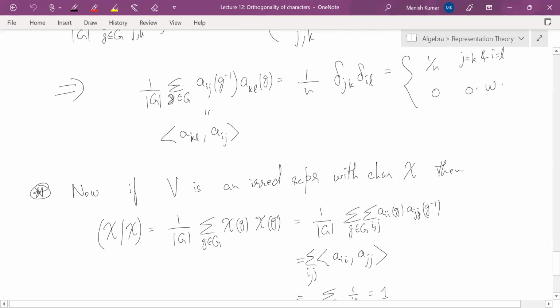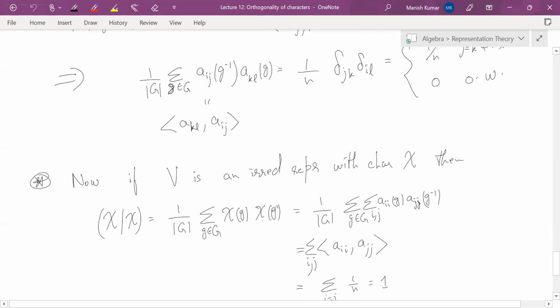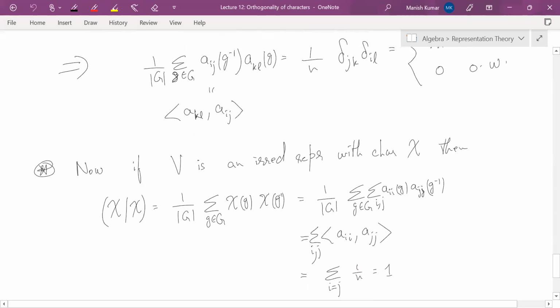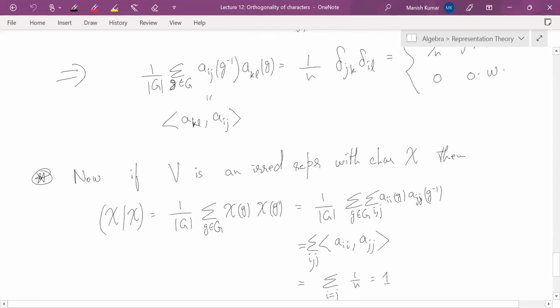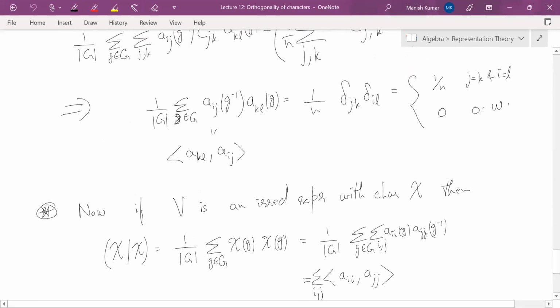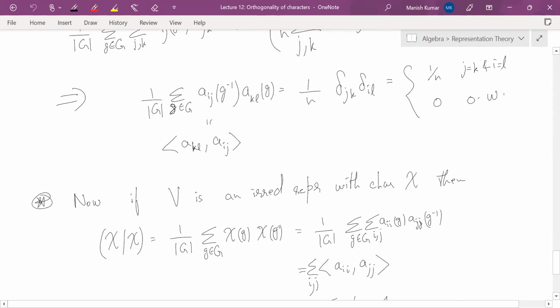Now we can use this result. This is 1 over n only when j equals k and i equals l. So that will happen only if i and j are the same. So this is the sum over i and j, but i and j should both be the same, otherwise it's going to give you 0. And when i and j are the same, you get 1 over n, where n was the dimension of the representation.